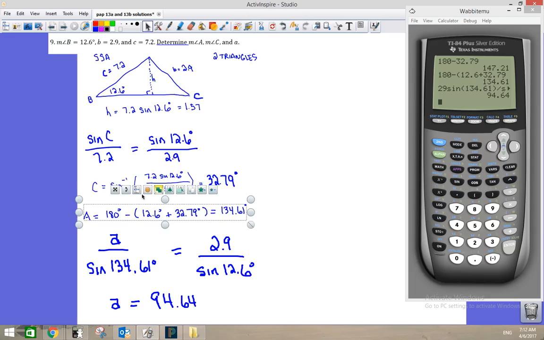Now, like I say, there's a second triangle that exists. And when we went to the calculator to take this inverse sine, the calculator didn't tell us the full story.